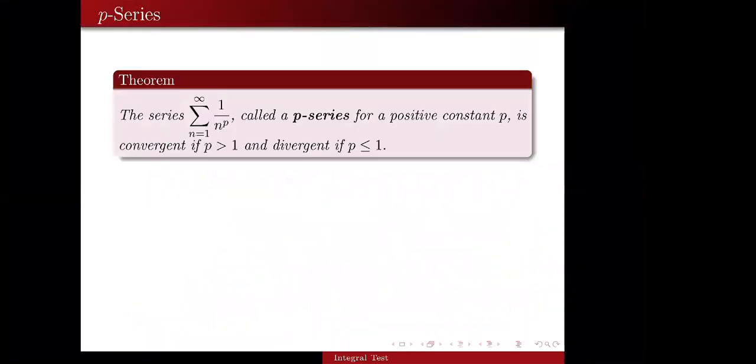Theorem. The series sum of 1 over n to the p, from n equals 1 up to plus infinity, which is called a p series, is convergent if p is greater than 1, and it is divergent if p is less than or equal to 1.